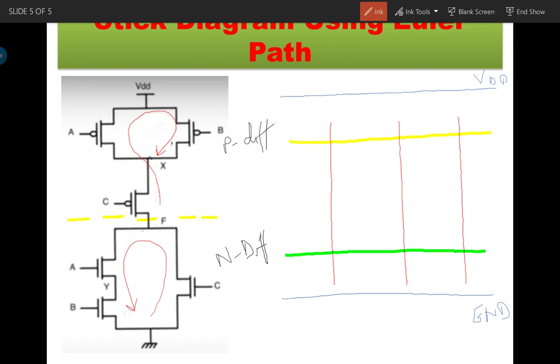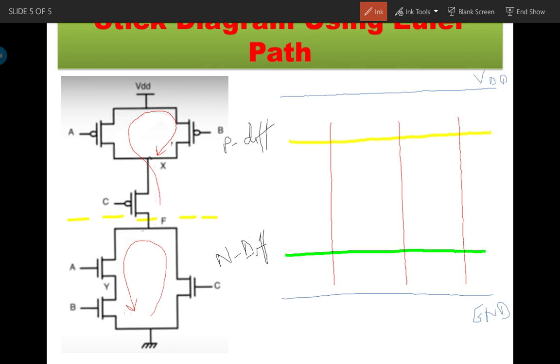On the upper side you will see the 3 polysilicon layers cross the same common P diffusion line, and on the lower side the polysilicon layers cross the same N diffusion line. So 3 PMOS form on the upper side and 3 NMOS form on the lower side.